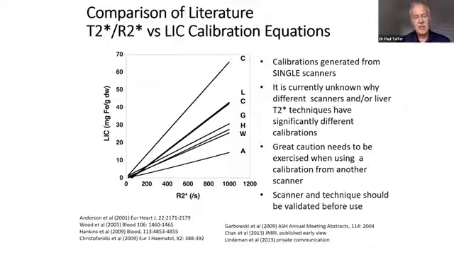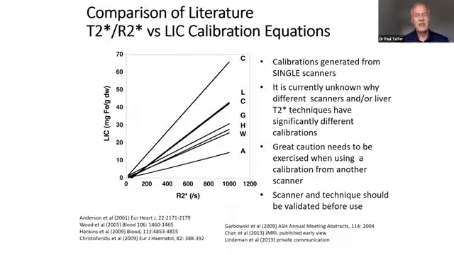And this has been illustrated by showing the R2 star and liver iron calibration from a number of studies using a number of different scanners. You can see that the actual R2 star relates to the liver iron concentration for each individual study, but if you compare the different studies, there's quite a wide range, so it's not clear at the moment that R2 star is transferable from one scanner to another.